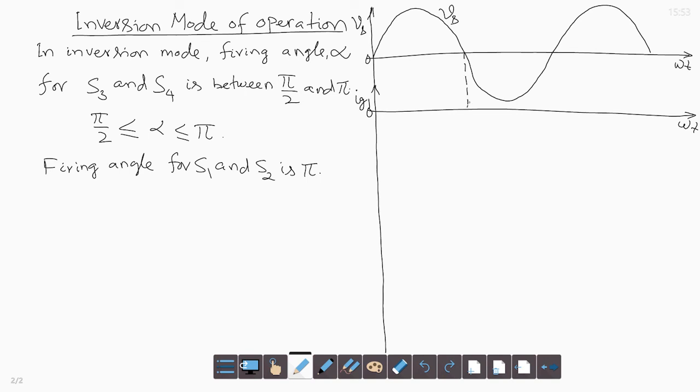Switch S1 is on with firing delay angle 180 degree. So this is Ig1. Firing pulse for switch S2, Ig2, is complementary of Ig1, that means switch 2 is on in the positive half cycles, whereas switch 1 is on in the negative half cycles of the supply voltage.